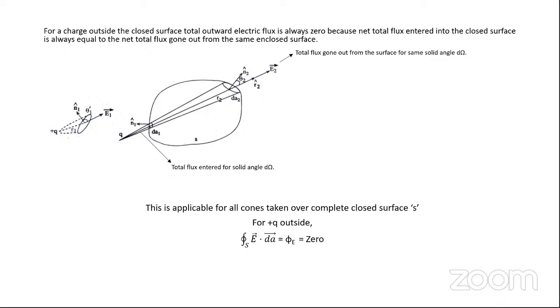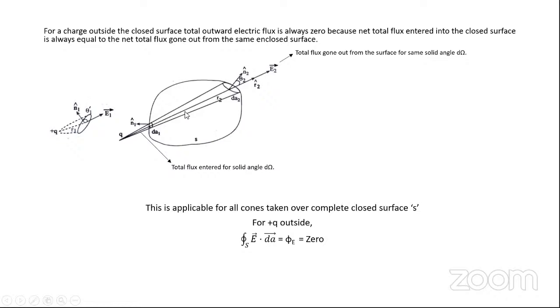We can consider any charge Q which is outside this closed surface area S. This is the charge Q outside. Now, simply speaking, I can have some derivation to prove that E is equal to 0 inside this closed surface S due to this charge Q outside that closed surface. But simply speaking, here I can show this.